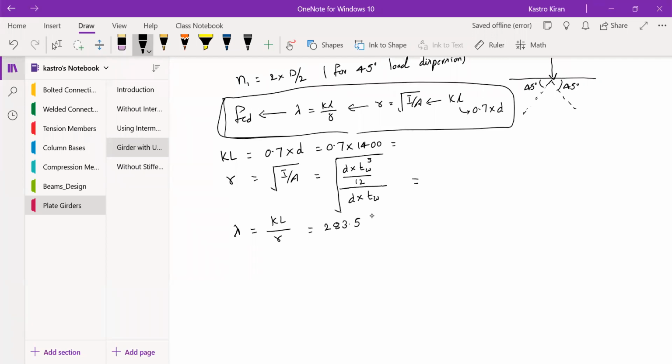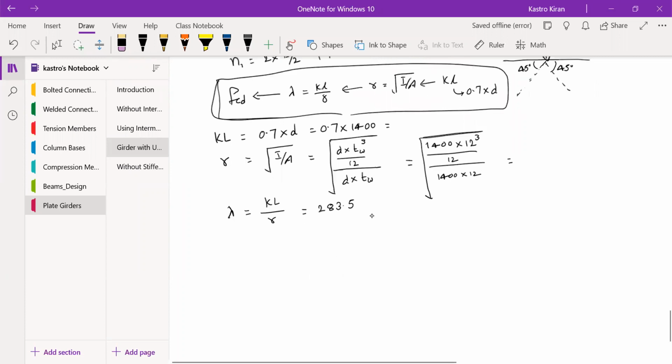If you want, you can solve. You can take the value of D as 1400 and tw as 12, I think. So 12 cube divided by 12, that is 1400 into 12. I did not solve this, since I am representing directly the value of lambda. You can solve and check.